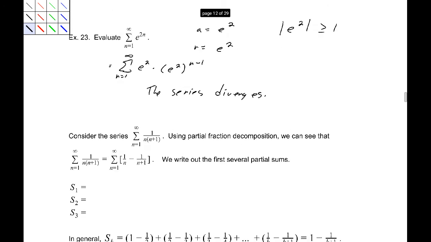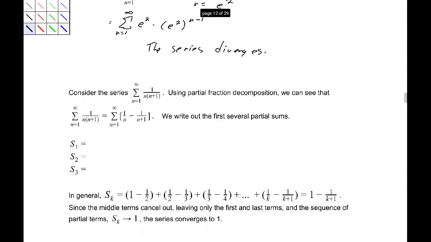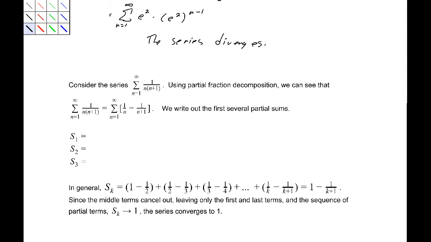Okay, number 24. We're going to consider this series just a bit, the sum of 1 over n times n plus 1. If we use partial fraction decomposition, then we see that this is equal to this series. So let's write out the first partial sums. S1 is 1 over 1, okay, 1 minus 1/2.